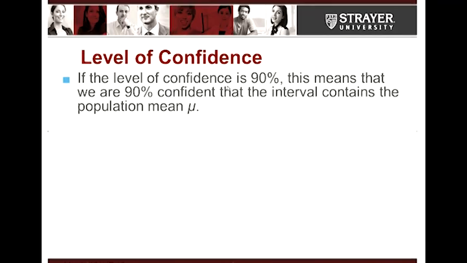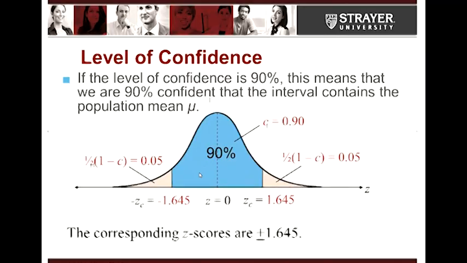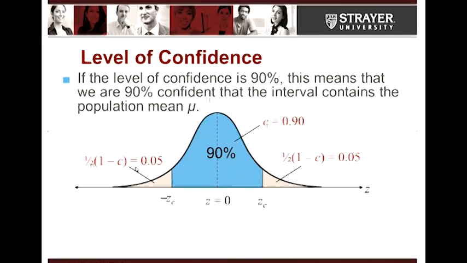For example, if the level of confidence is 90%, this means that we're 90% confident that the interval we create contains the true population mean, mu. So here is a curve, and if 90% is here in the middle, that means C is 0.90, and the area in the tails is 1/2 on each side, because there are 2 tails, of 1 minus C. So 1 minus 0.90 is 0.10, and half of 0.10 is 0.05 for each side.